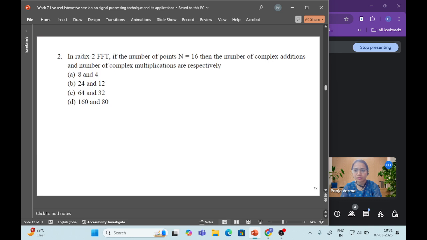Okay, moving to the next question. In radix 2 FFT, if the number of points N is equal to 16, then the number of complex additions and number of complex multiplications are, respectively?